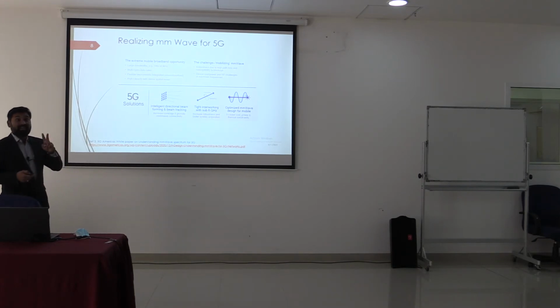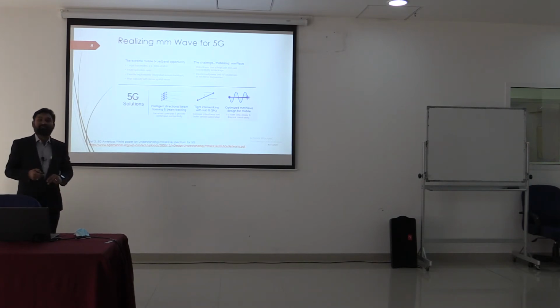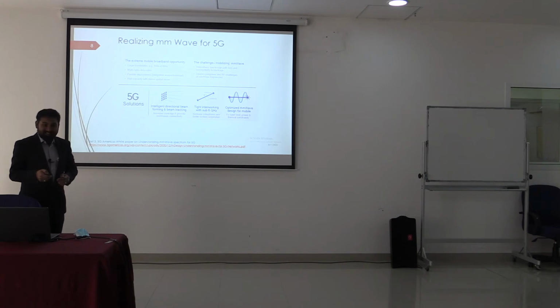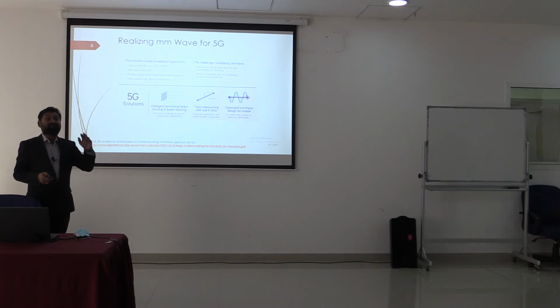LTE has a 20 megahertz spectrum for each channel, but 5G promises a bandwidth of around 200 megahertz or 100 megahertz per channel. So sometimes it is a 5 times or 10 times increase in bandwidth. If bandwidth increases, according to the Shannon-Hartley law with the upper bound, with a deterministic channel, your capacity may theoretically increase proportionately, provided your channel is noise free.